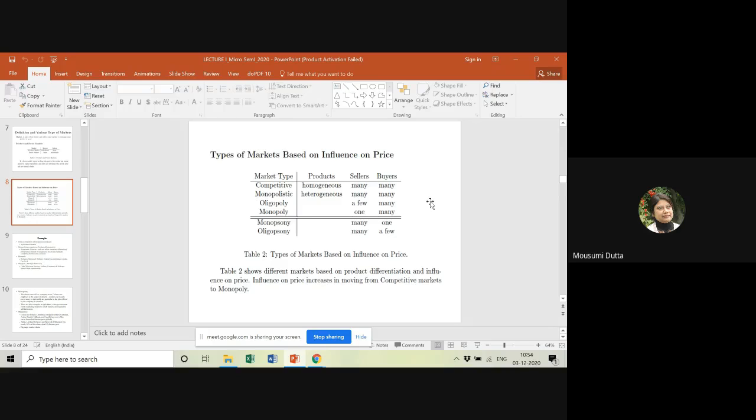So there may be real differences, there may be superficial differences. However, there is the concept of product differentiation. So monopolistic competition is not based on the homogeneous product concept, it is based on the heterogeneous product concept. Again, sellers are many, buyers are many.